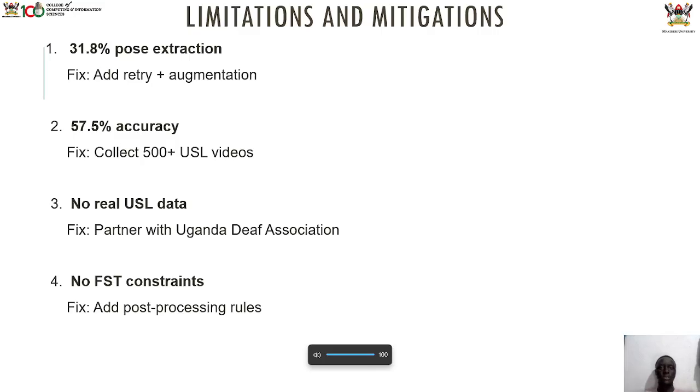Now the limitations and mitigations that we faced. We have 3.18 pose extraction errors, and we plan to fix them by adding a retry plus image augmentation. Then 57.5 was the accuracy, and we plan to fix that by collecting 500 plus Uganda Sign Language videos.